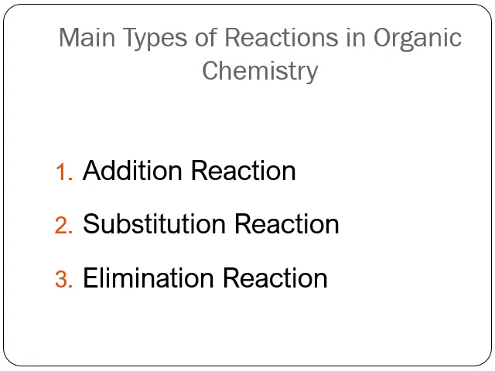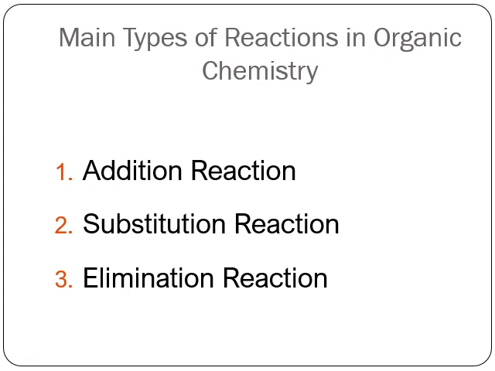In addition reaction, a group of atoms is added to a molecule. That molecule, or the substrate, must be an unsaturated one, that is, it must have a double bond or a triple bond.